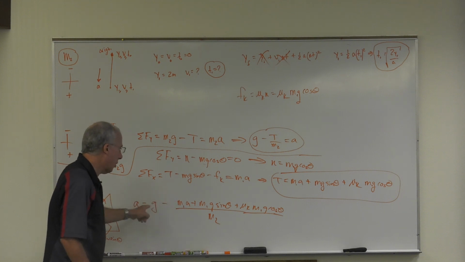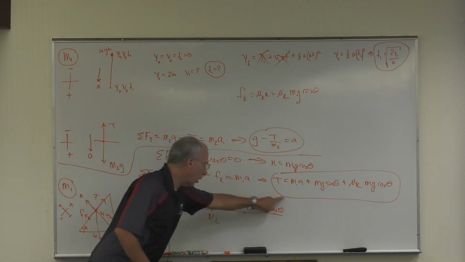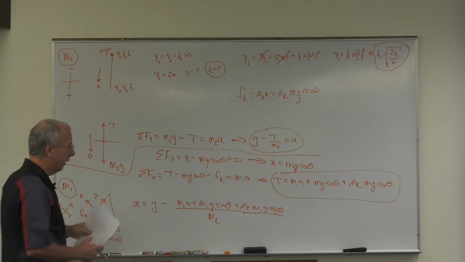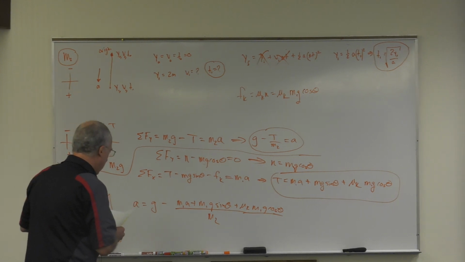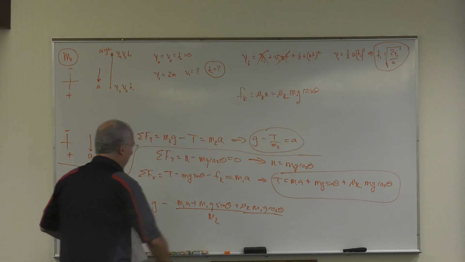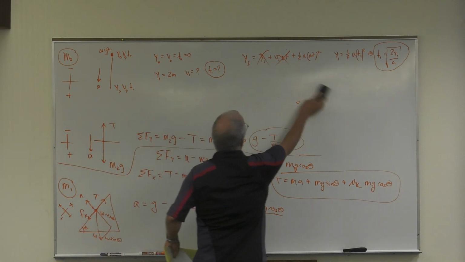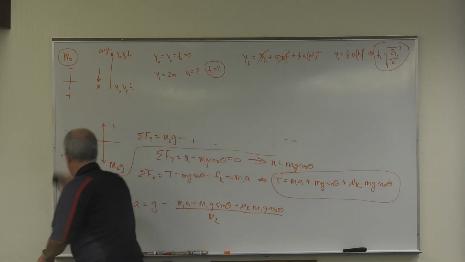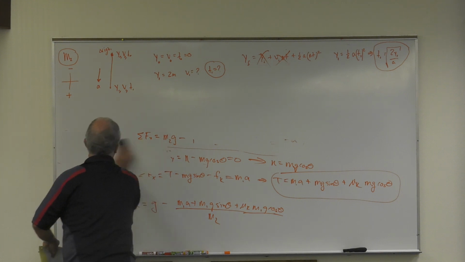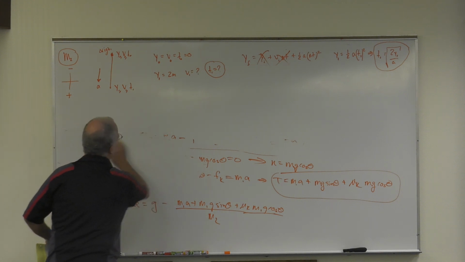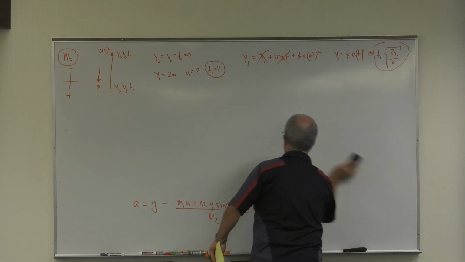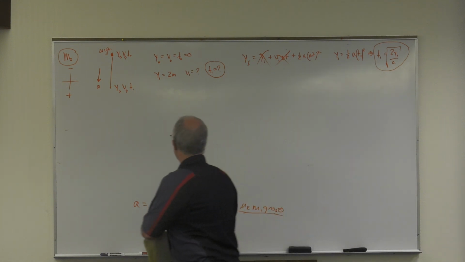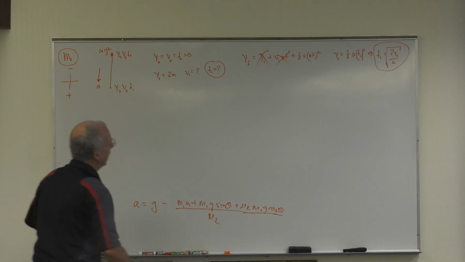I got to work with this to get A. And I ran out of board space, so that's kind of how it is. All right, so I'm going to write this up here. Actually, I can erase all this stuff.